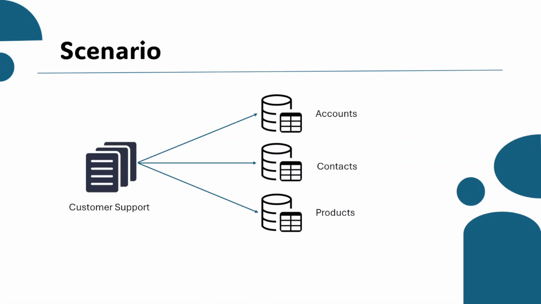For example, we have a customer support table for which we have three different tables: accounts, contacts, and products. Before the polymorphic lookup, to look up these three tables, there were two options.